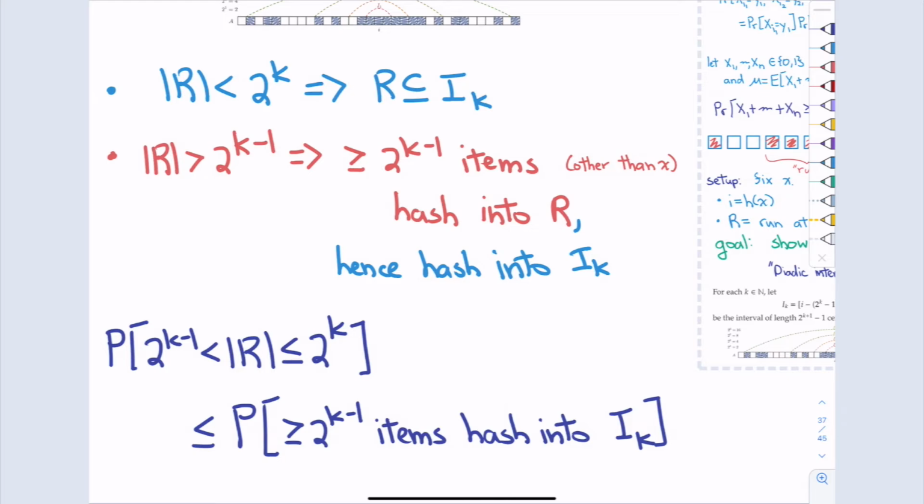But the nice thing is that I've sort of turned it into a statement that's a little bit easier to analyze, because I sub k is fixed, right? It's just a fixed sequence, or a fixed set of array slots. And now I'm just analyzing the odds that a certain number of items fall into a fixed set of slots, right?